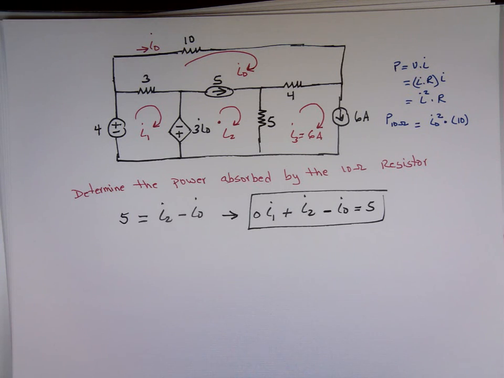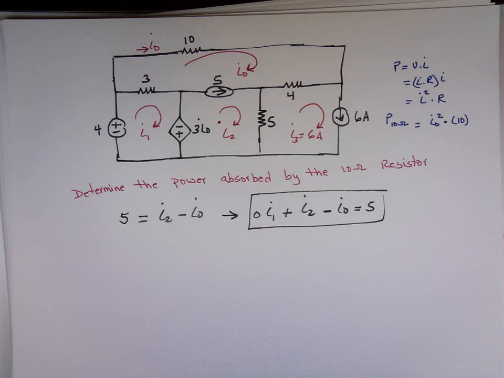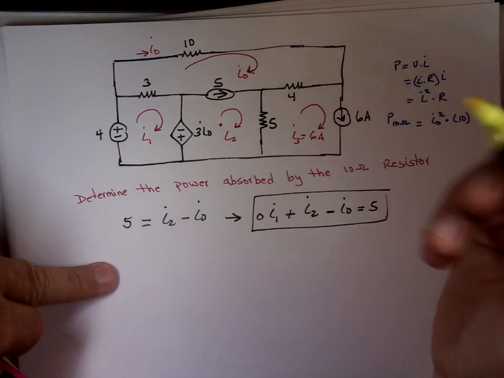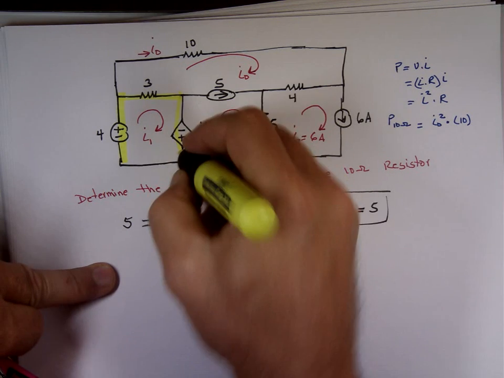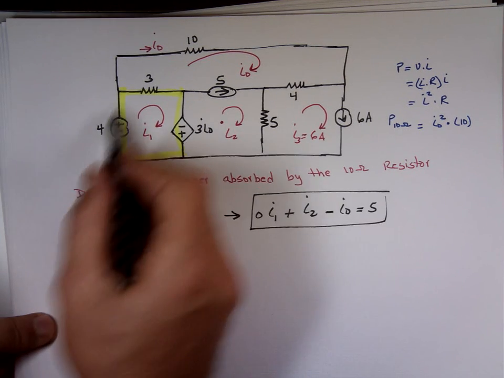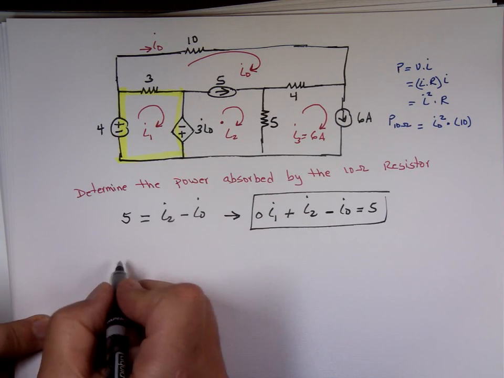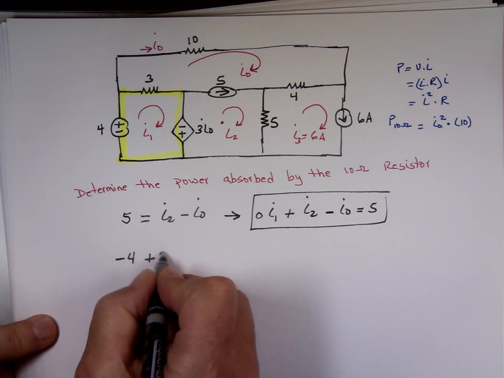Again, I need 2 more equations. I can do this one. I'll make this yellow. So if we do that equation, KVL right here, we have negative 4 plus 3 times, what is the current to the right?